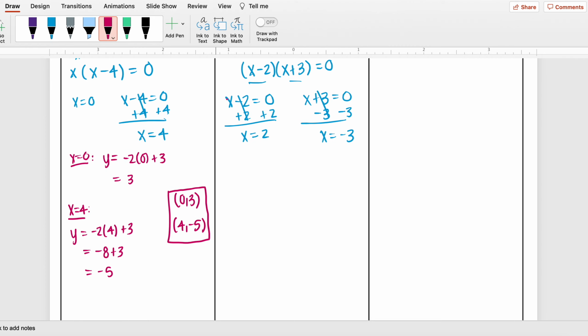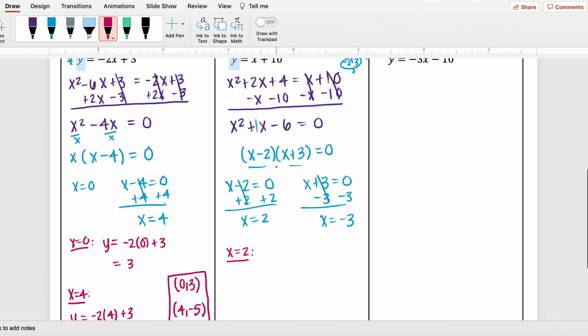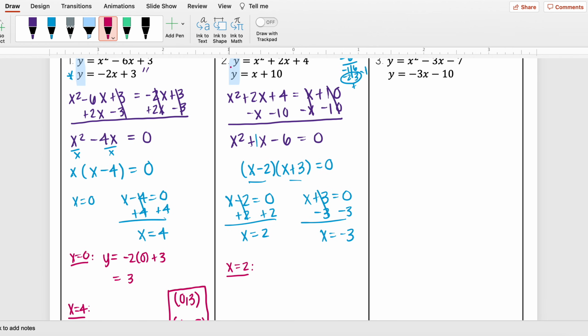And again, remember, I'm not quite done yet. I have my x coordinate, but now I need to find my y. So I need to plug these values of x in to find out what my y equals at that point. And so I'm going to use my linear equation. I have that y is equal to x plus 10, so 2 plus 10 gets 12.